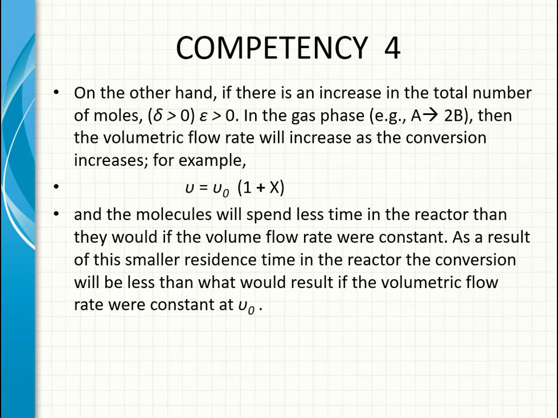For example, v equals v0 times 1 plus X, and the molecules will spend less time in the reactor than they would if the volumetric flow rate were constant, and as a result of this smaller residence time in the reactor, the conversion will be less than it would be if the volumetric flow rate were constant.